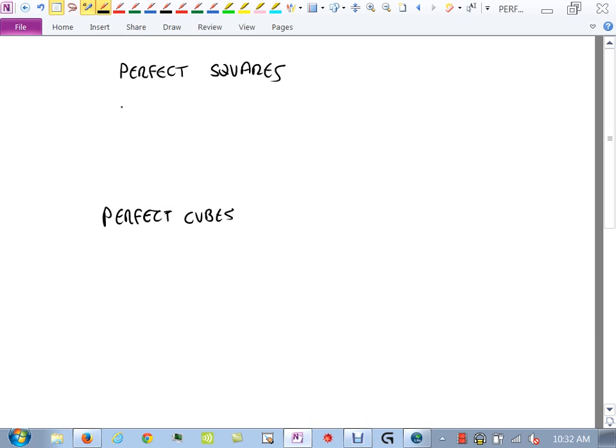Okay, perfect squares. 1 squared is 1, 2 squared is 4, 3 squared is 9, 4 squared is 16, 5 squared is 25, 6 squared is 36, 7 squared is 49, 8 squared is 64, 9 squared is 81, 10 squared is 100, 11 squared is 121, 12 squared is 144. Right? Yes.